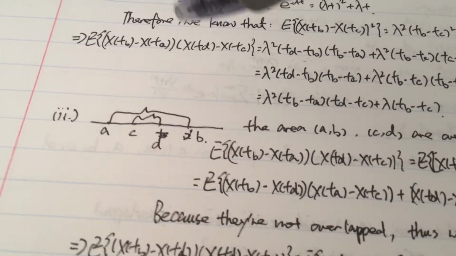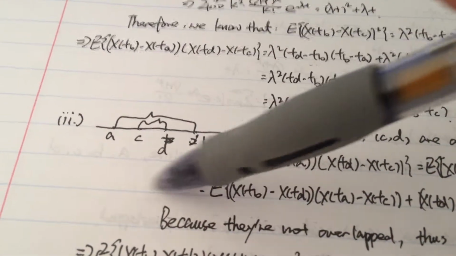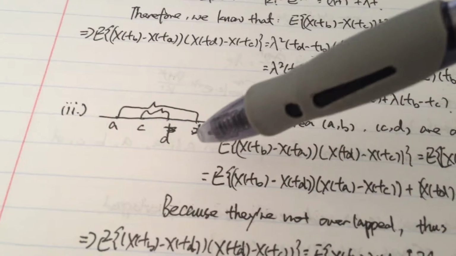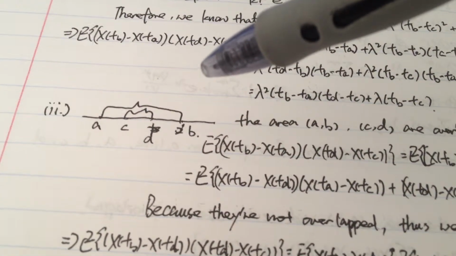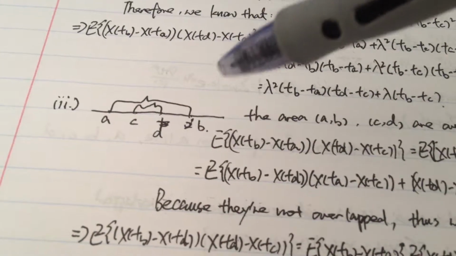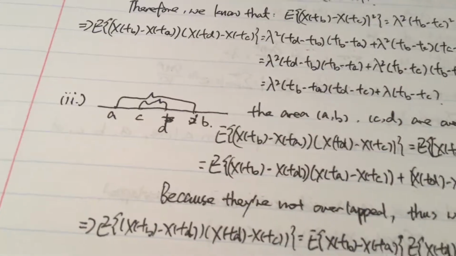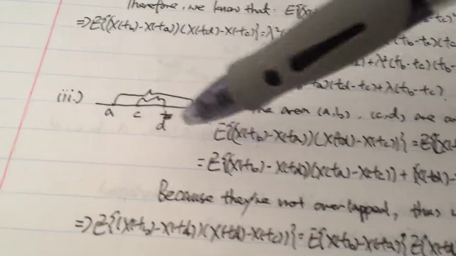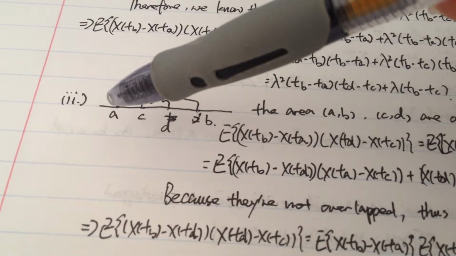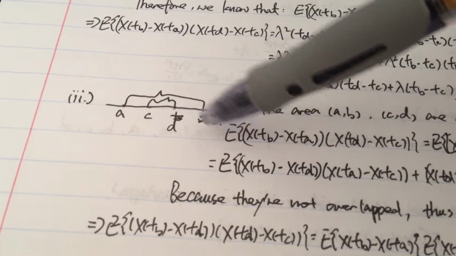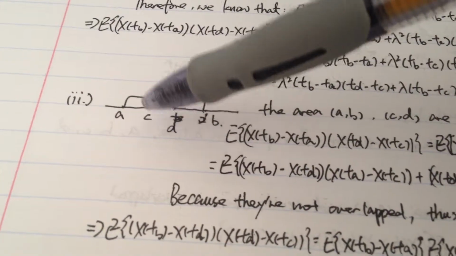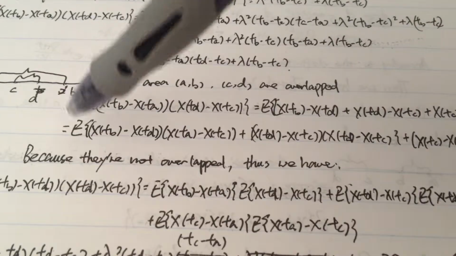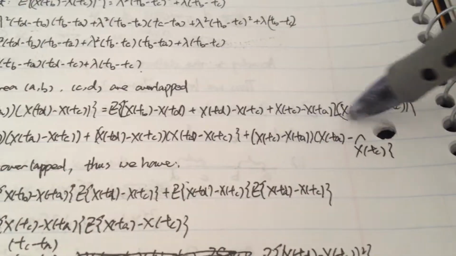So we should also transfer it into the non-overlapped one, and in order to make them independent to get the result, we transfer TB minus TA into TB minus TD plus TD minus TC plus TC minus TA, as in this equation.